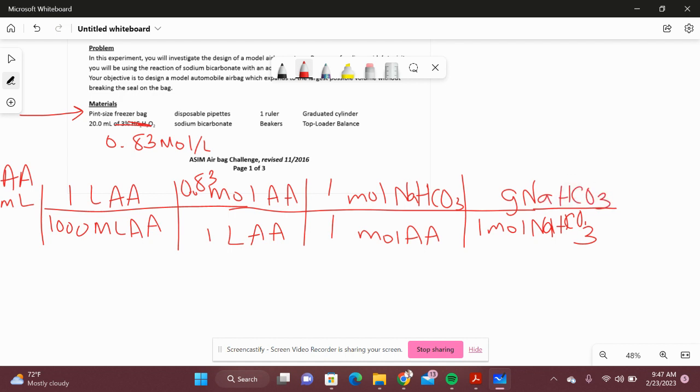We find the molar mass by adding 23 for the sodium, 1 for the hydrogen, 12 for the carbon, and 3 times 16 for the oxygens, which gives us 84.